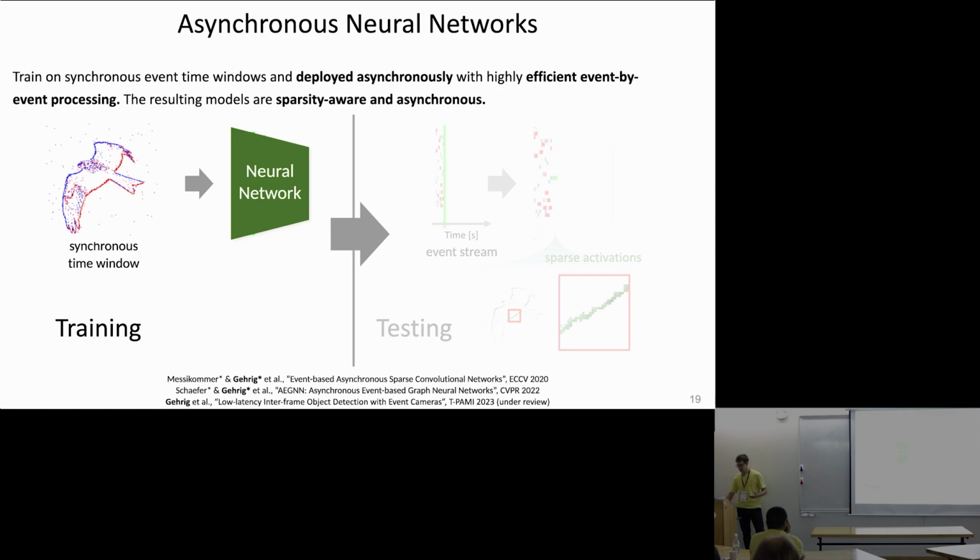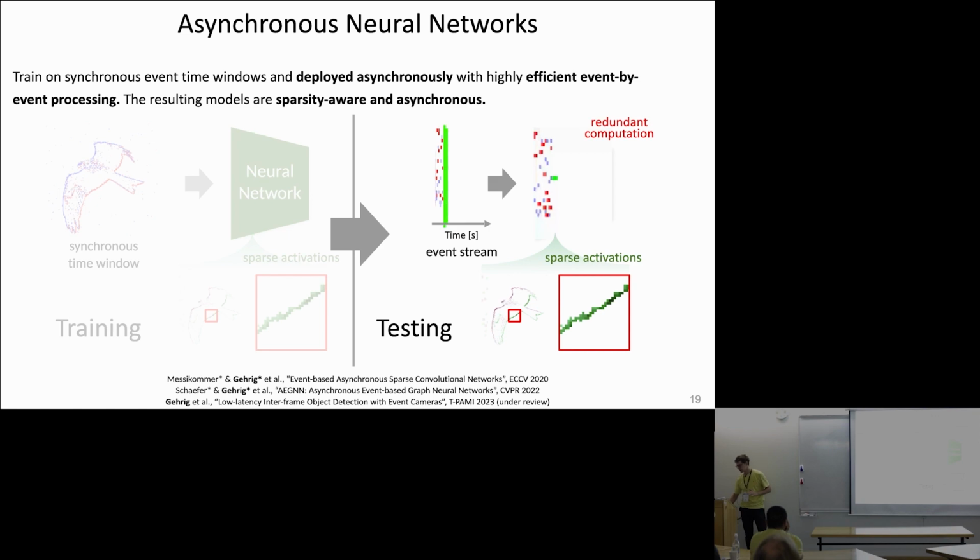Yes, we can. So here I'll show you a series of papers where we have taken existing sparse neural networks, here on the left, trained on frames of events with backpropagation in a feed-forward way, and then converted these networks into asynchronous networks.